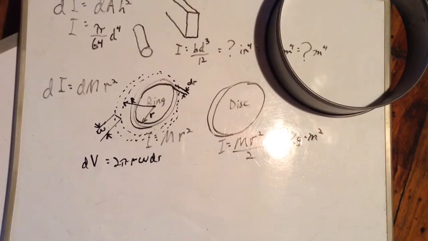The mass of this ring is equal to the volume of the ring times the density. Like if you have a cubic meter, well, that would be volume.